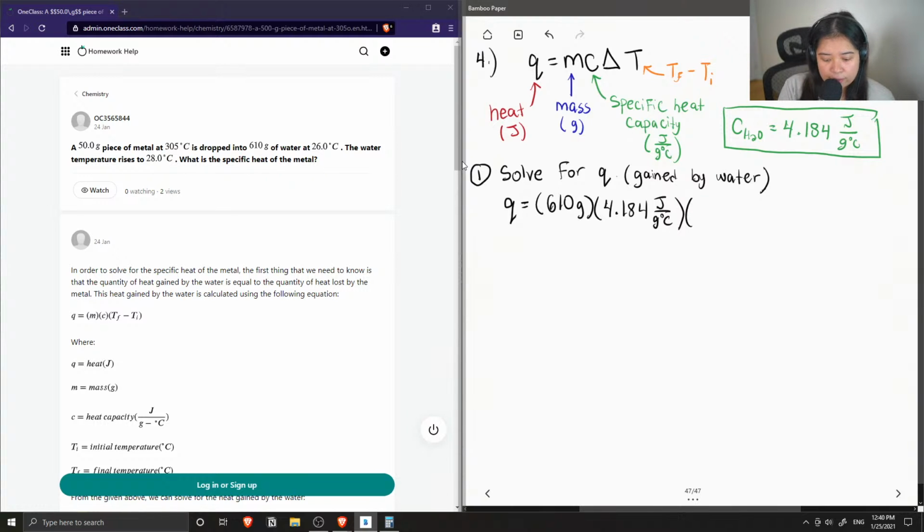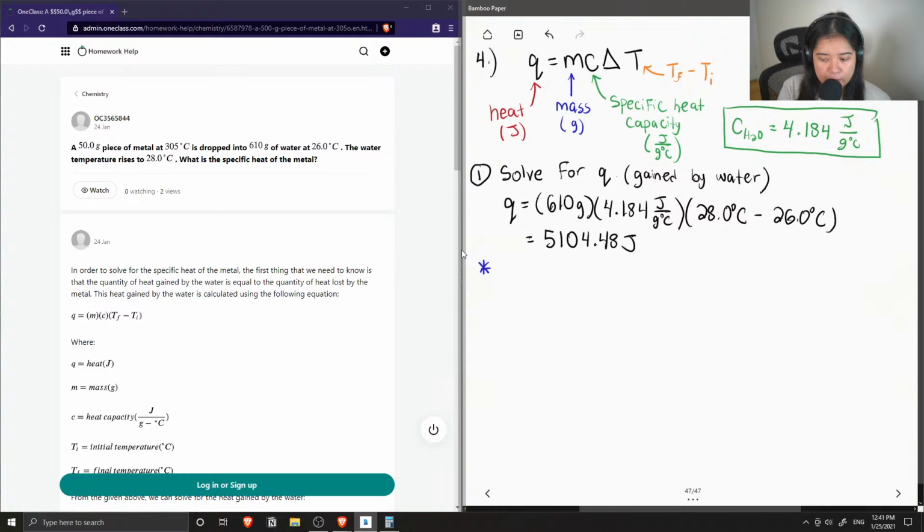And finally, for delta T, the final temperature of water was 28 degrees Celsius, and initially the water was 26 degrees Celsius. Now if we multiply these values out, you end up getting a Q of 5,104.48 joules. So this is the amount of heat that was gained by the water.